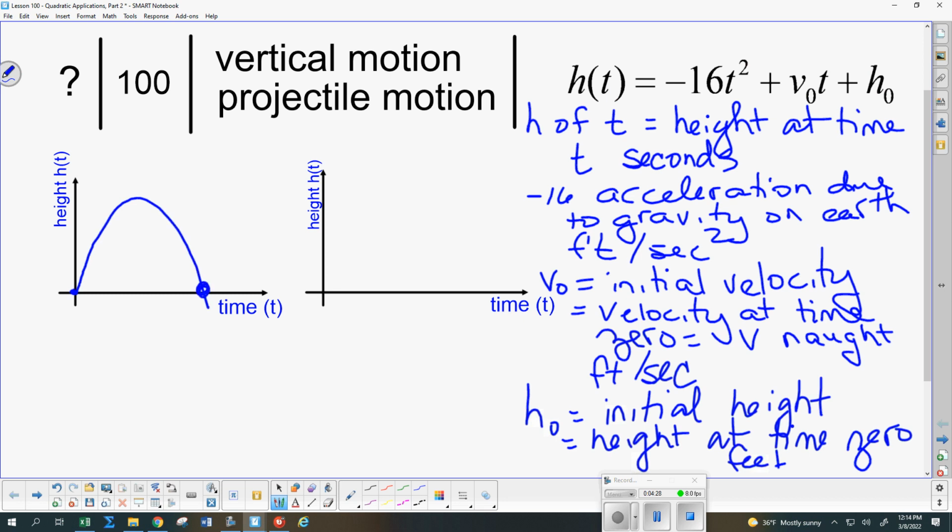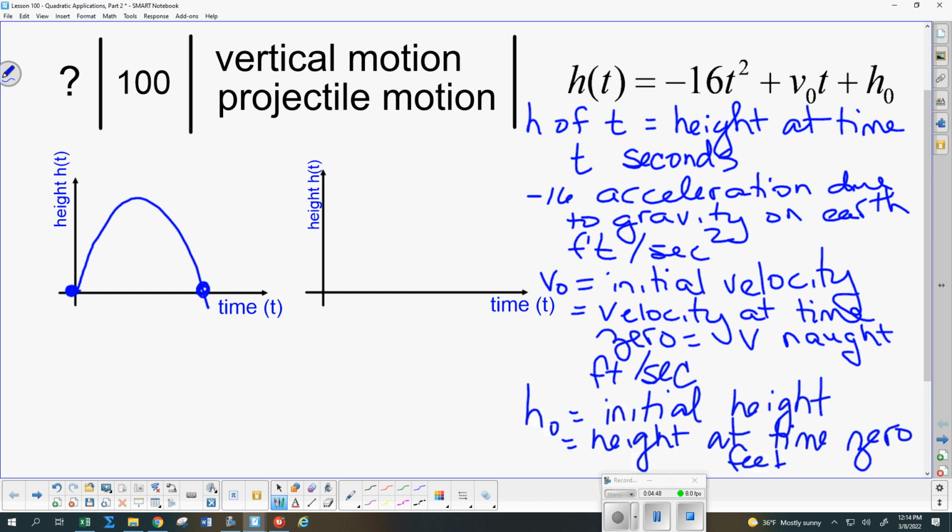What does this point where I just put that dot represent? Wyatt? No. I started on the ground at time 0. This is no longer time 0, so it's not anything to do with what I started with. Yesenia?